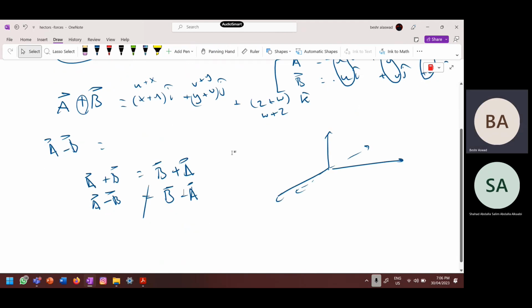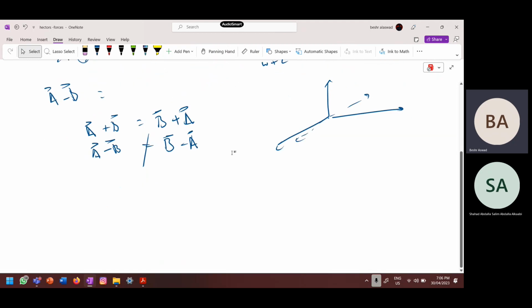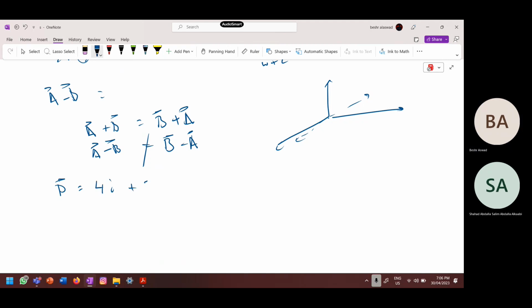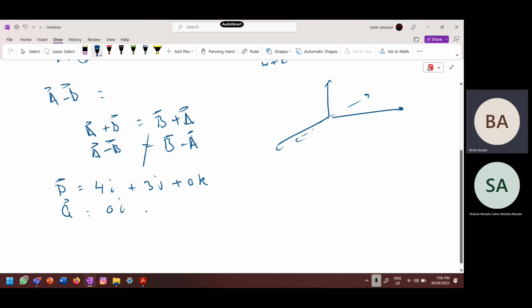So let's have an actual example on this. Let's say you're given the vectors, I don't want to use R, to not get confused with cylindrical and spherical. Let's say P is 4i plus 3j plus 0k. And as for Q, you'll get 0i plus 2j plus 4k.